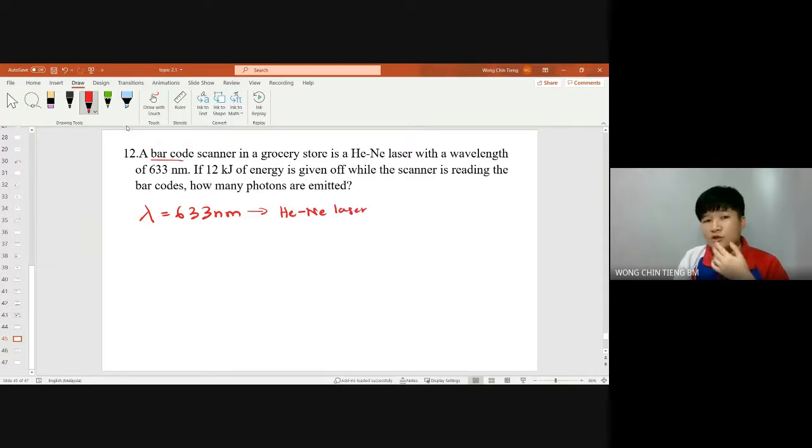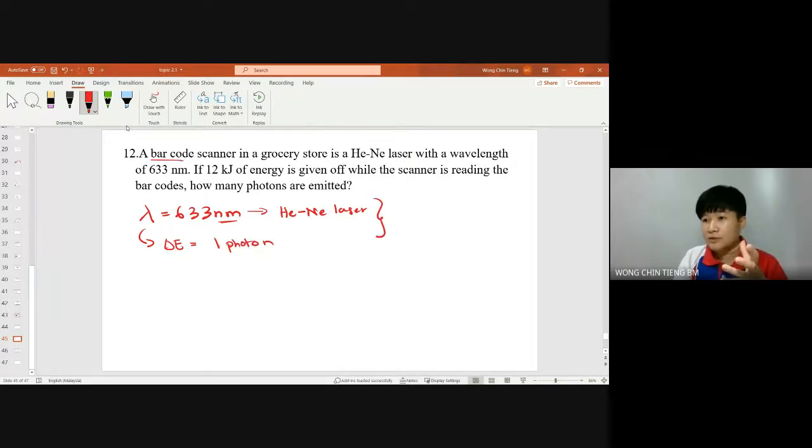Okay. So daripada lambda, kita boleh cari delta E. Agree? Okay, tukarlah meter semua tu, tukar guna formula. You can get the delta E. But this delta E, alright, is for 1 photon. Everybody knows that.